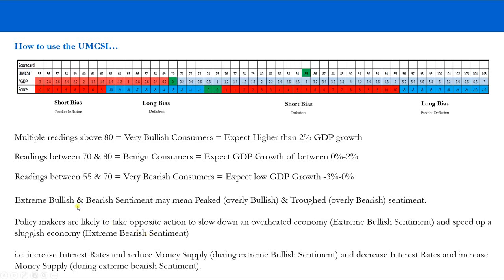Now, extreme bullish and bearish sentiment can mean that we've got peaked, overly bullish conditions, and troughed, overly bearish conditions.